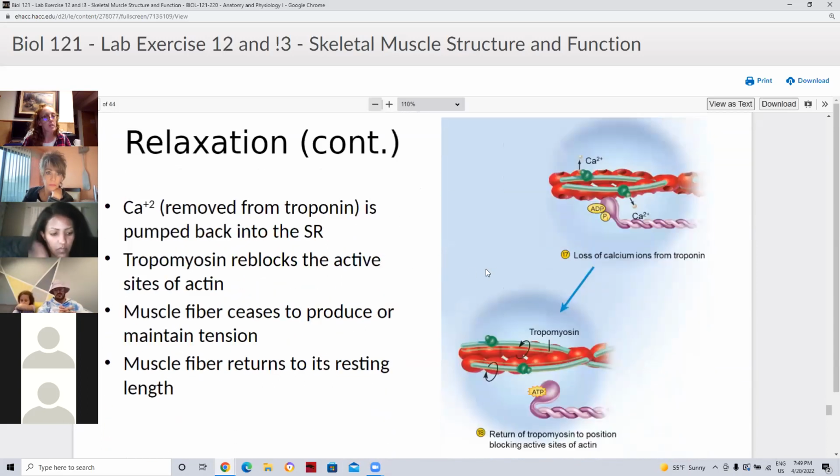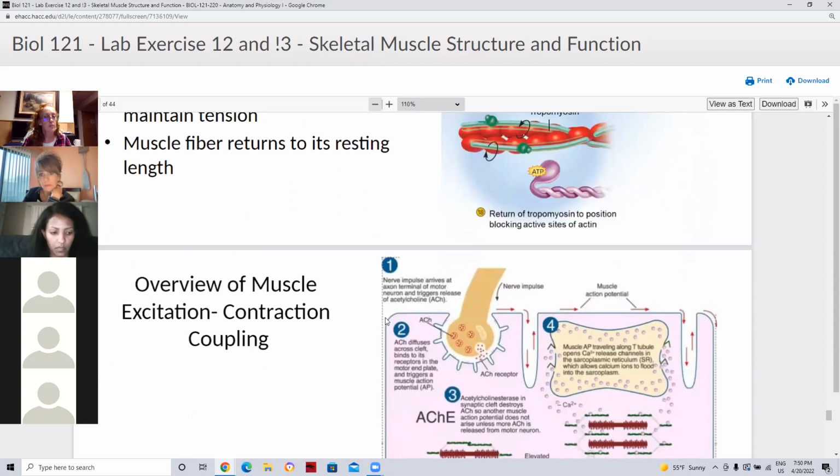So calcium is pumped back, tropomyosin reblocks the active sites, and the muscle fiber ceases to produce or maintain tension. And the muscle fiber returns to its resting length.